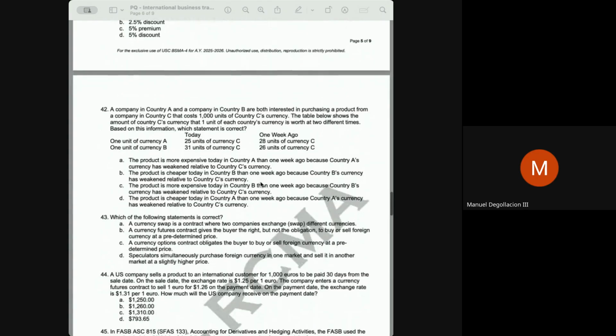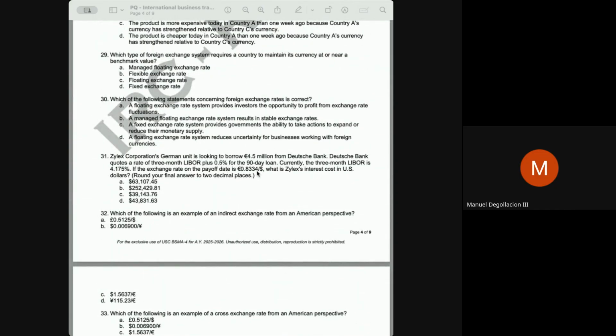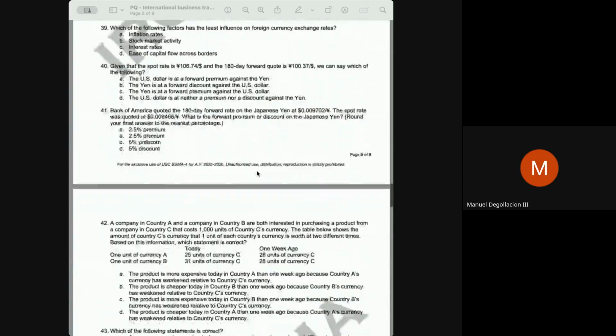42, a company in country A and a company in country B. And this is similar to number 28. I will just give you the answer.